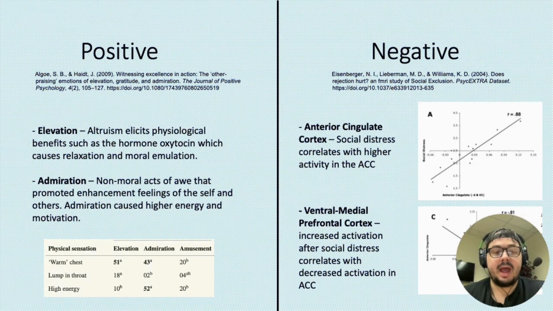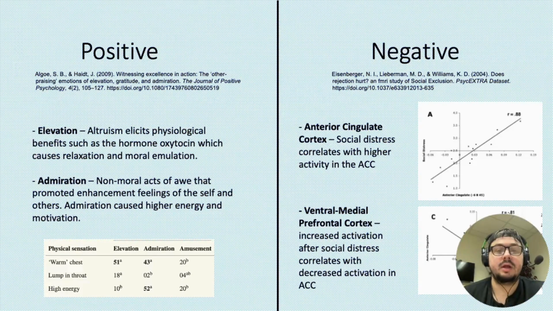When we look at the negative social aspects of our biological emotion, we see that the anterior cingulate cortex, which is involved with the distress system, is affected by social distress.